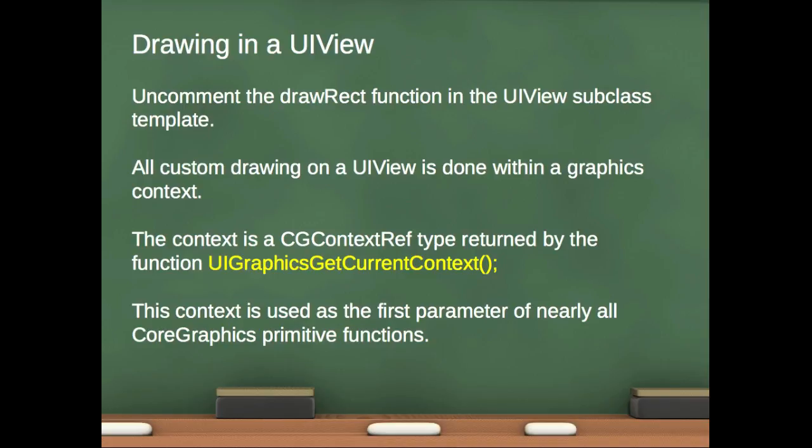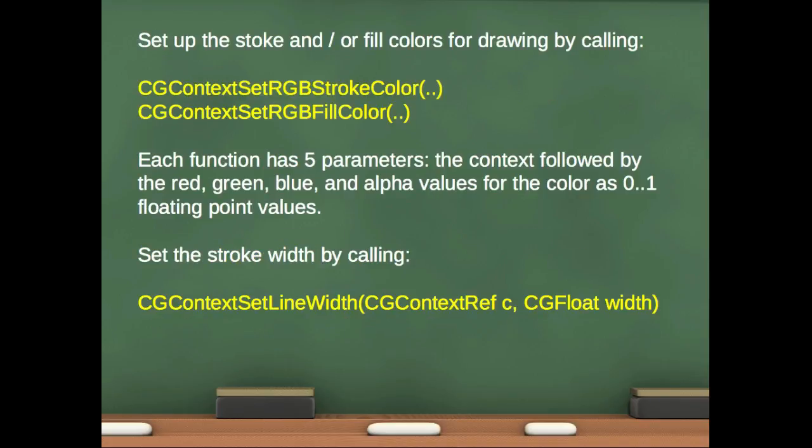draw within the view. So the first couple of things we're going to do is to set the stroke color and/or the fill color for drawing the line or filling the shape by calling one or both of these methods, CGContextSetRGBStrokeColor, CGContextSetRGBFillColor. There are other color functions too, many dozens of functions that all start with the word CGContext, and they're defined, and I'll show you where they're defined a little bit later.